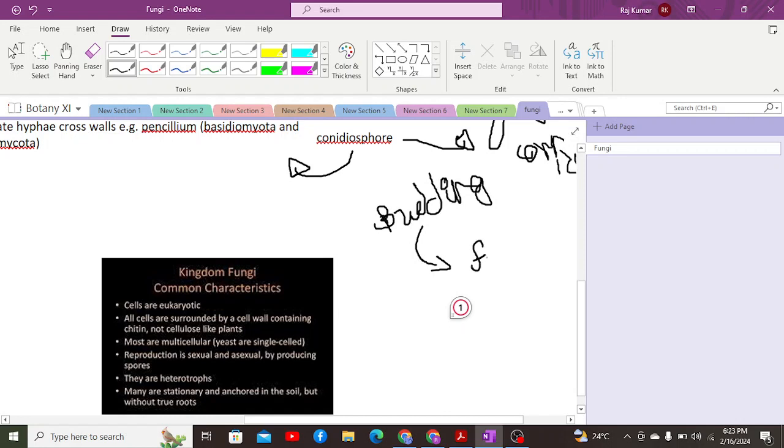Fragmentation is a process which occurs when a part of the mycelium is broken and taken out, and that individually grows into a new mycelium, which is known as fragmentation.